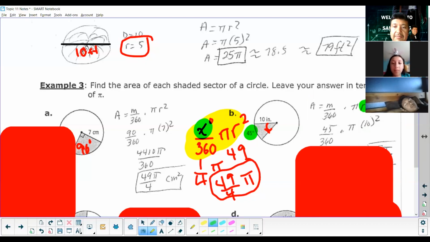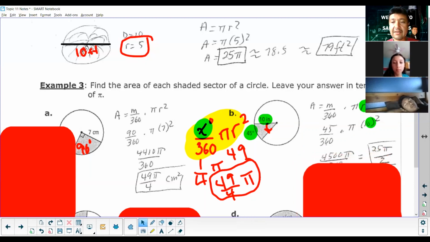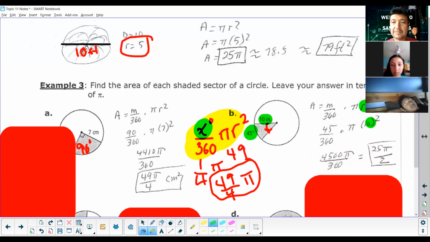Where do I get that from? From the square right here, from the 10. So you see how I highlighted both of them? So that's the amount that's going to go in here as the next step in solving this. There's two things I'm going to do. I'm going to reduce 45 over 360 to get, well, actually they didn't reduce it. They went ahead and took 10, squared it to get 100.